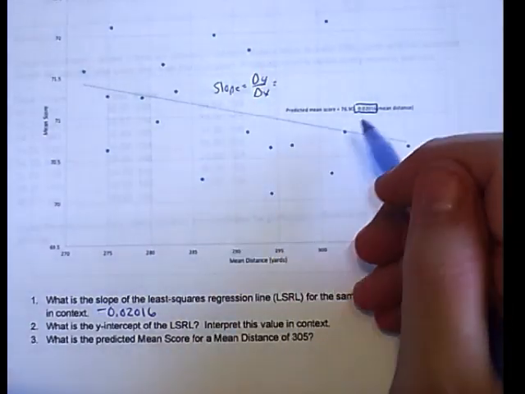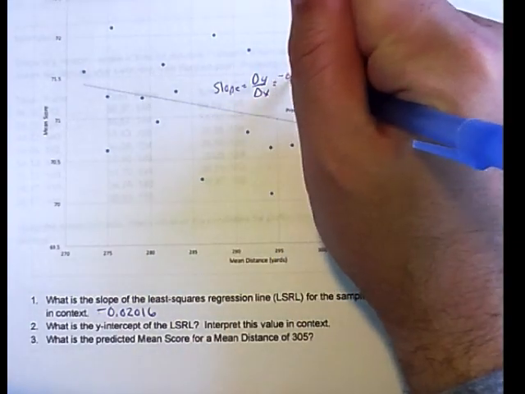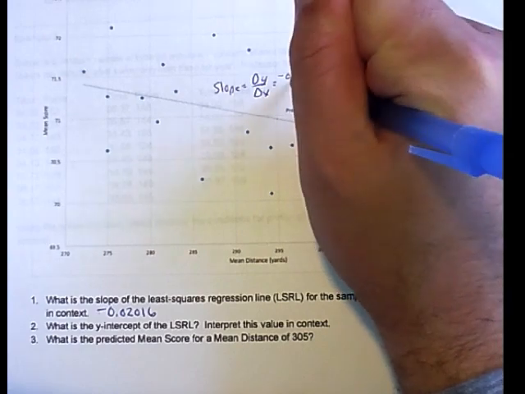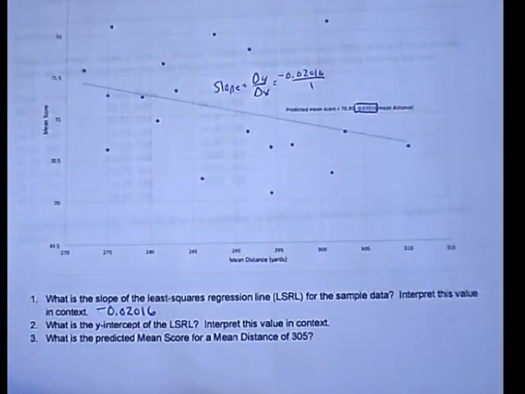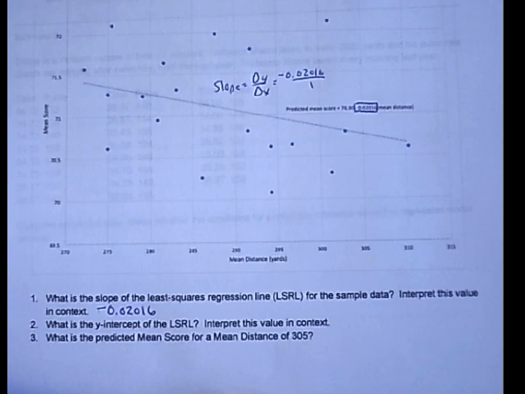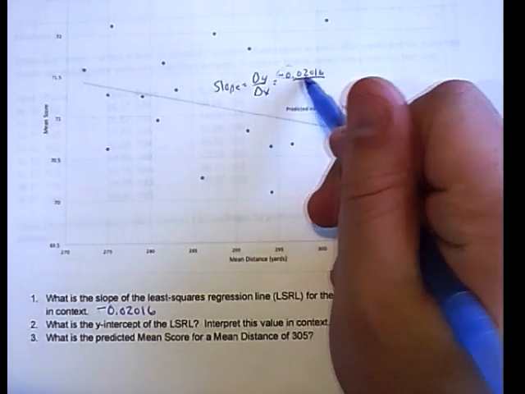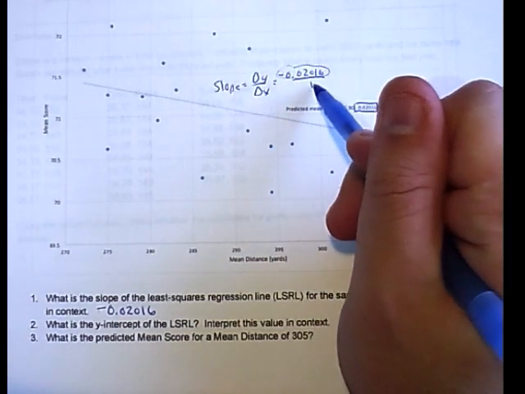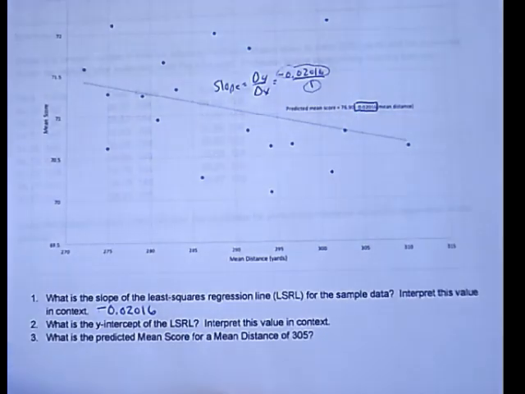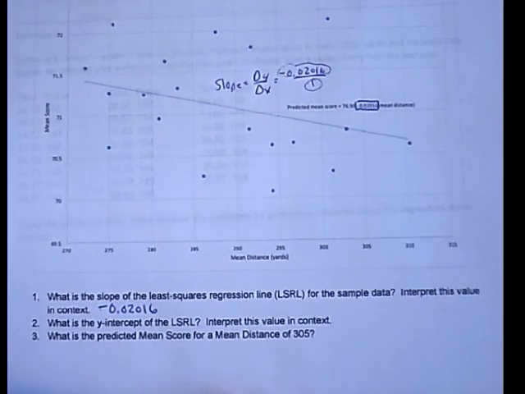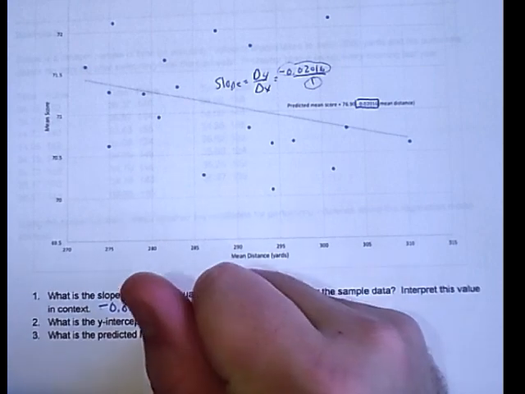So I know that value is negative 0.02016, which really means negative 0.02016 over 1. So that means the y goes down by this much every time the x goes up by 1, because that's a positive 1 there.